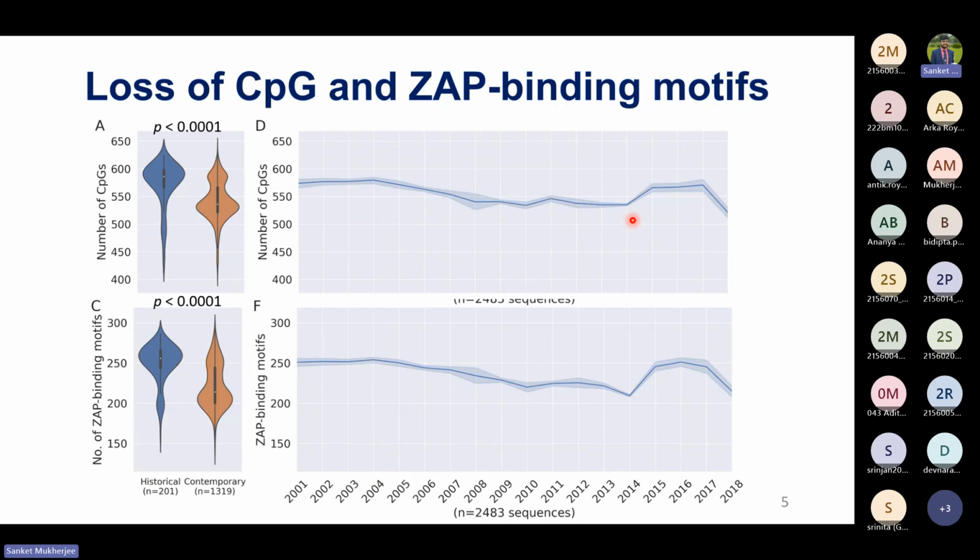The same pattern was observed for the number of ZAP binding motifs, with a sharp increase during the same time. It couldn't be a coincidence, because during this time direct acting antivirals were introduced for hepatitis C virus, which reduced the virus load in the blood to a great extent.